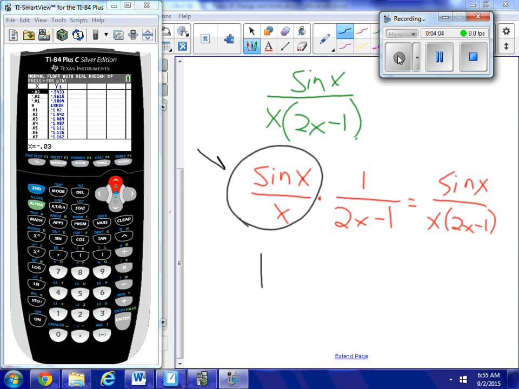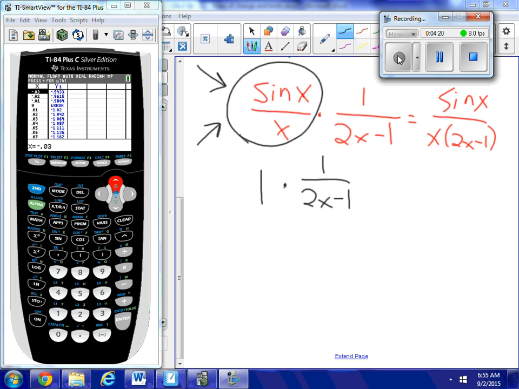This is something that you should really commit to memory, because you are not going to be able to do calculus with trigonometric functions unless you know that the limit of sine x divided by x is equal to 1. Well, if I do that, I have 1 times 1 over 2x minus 1. Now you remember we're trying to find the limit as x approaches 0 of 1 times 1 over 2x minus 1.